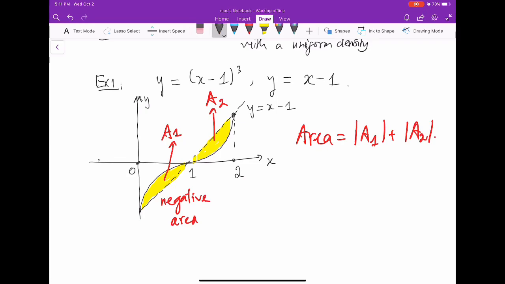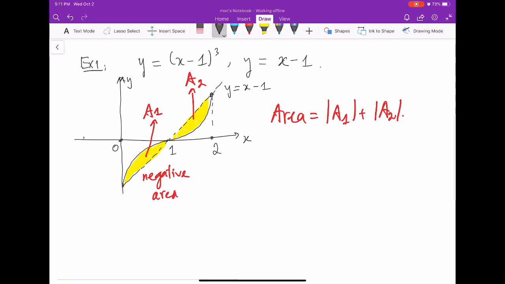Okay, all right, so let's do that. The first area A1, I write integral from 0 to 1 of (x minus 1) cubed minus (x minus 1) dx. I wrote (x minus 1) cubed minus (x minus 1) because in the picture the graph of (x minus 1) cubed is higher than x minus 1 on the interval 0 to 1.